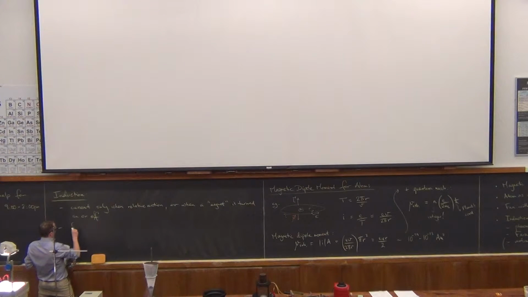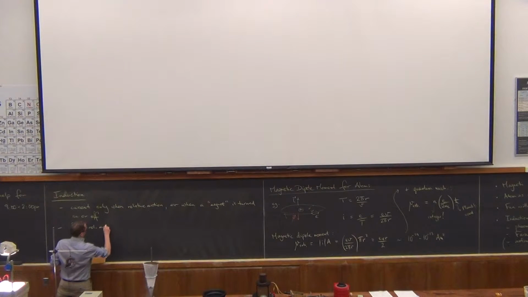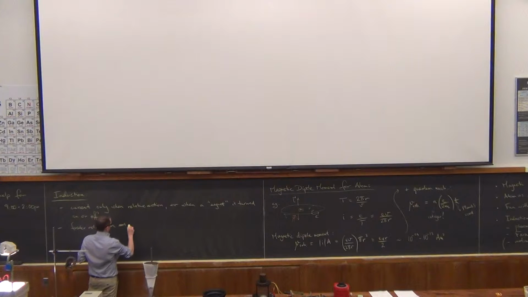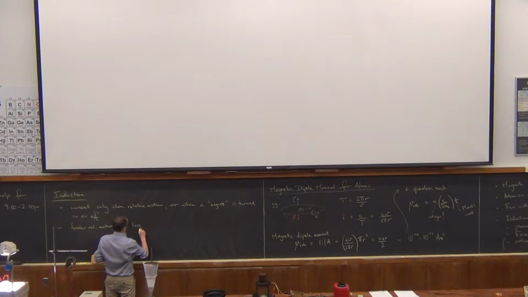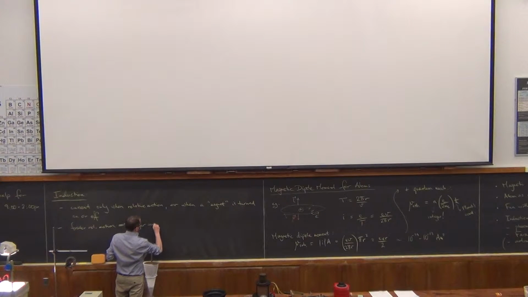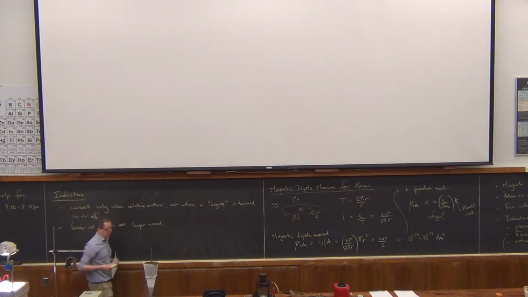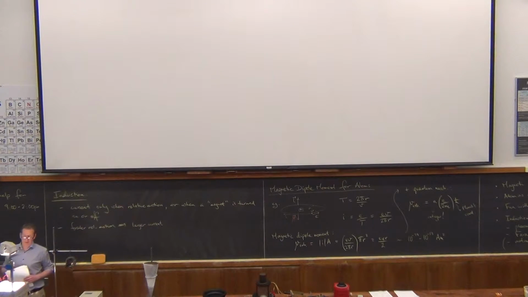So let me say faster relative motion, you would see, produces a larger current. So whatever this effect is, seems to depend on how quickly the magnetic field is changing in this area of interest.